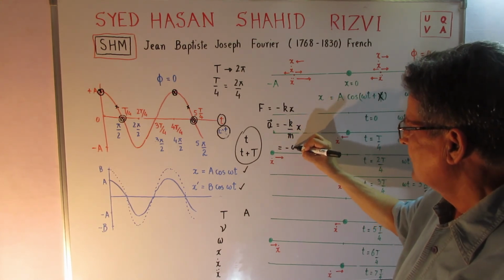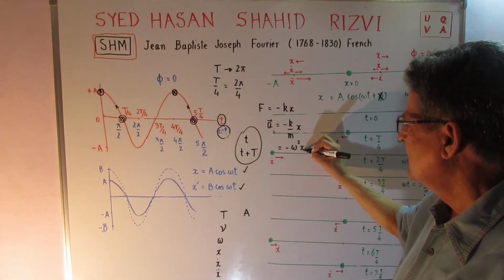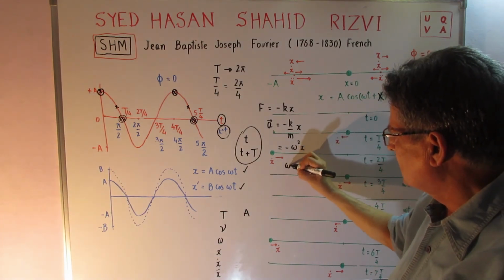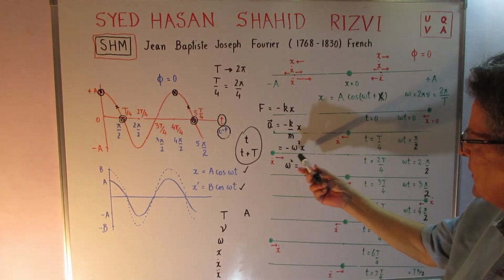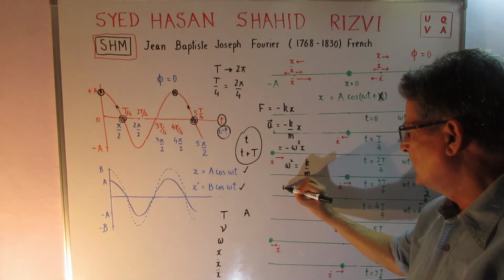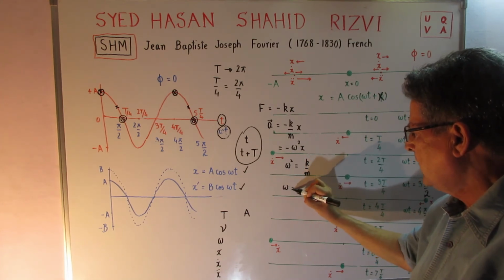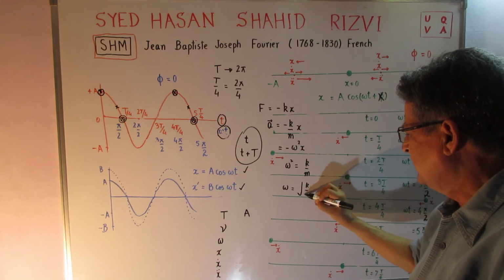This is the crux of the matter. So omega square is equal to k upon m, and omega is equal to under root k upon m. This is the kind of thing which we need.